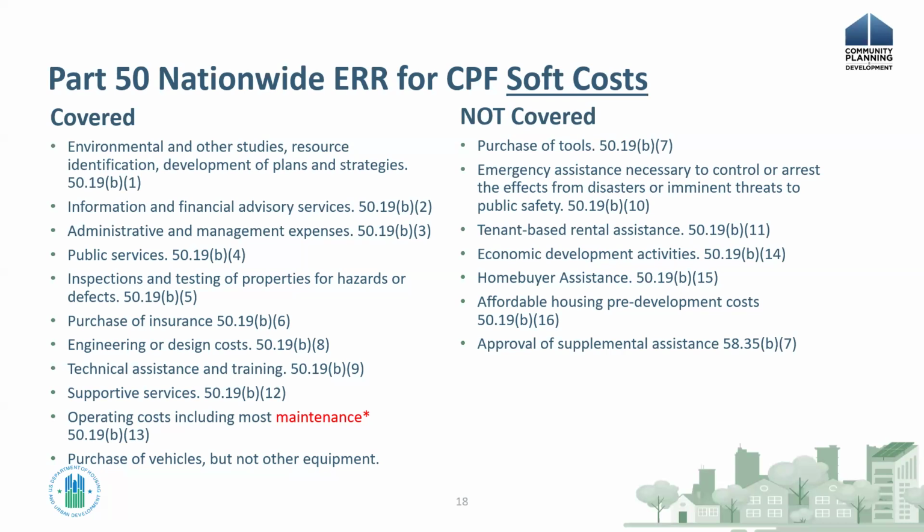Operating costs are also covered, including most maintenance activities, and we'll talk about that on the next slide. But what we mean here is as well as purchase of vehicles, but not the purchase of other equipment.